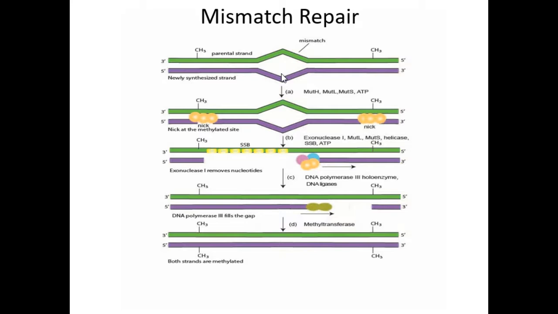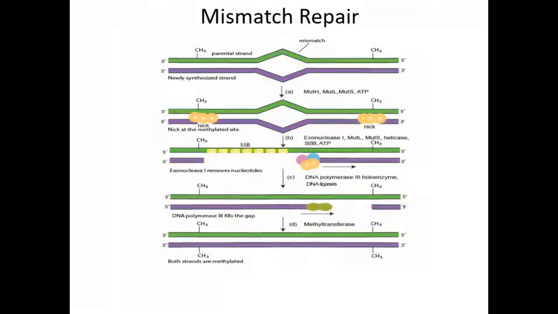Then the MutH protein will recognize the methylated DNA sequence GATC on the parental strand, and MutL will link MutH and MutS together.